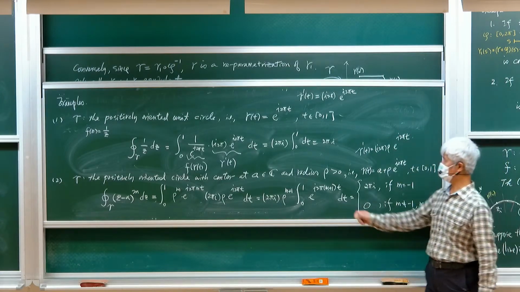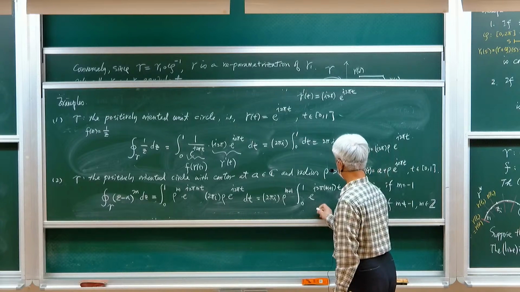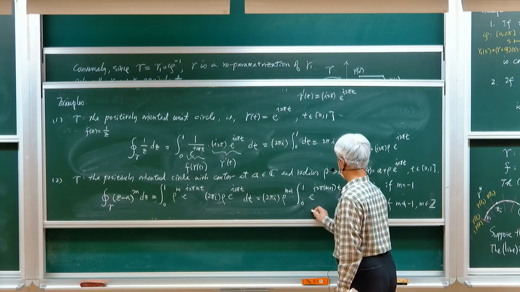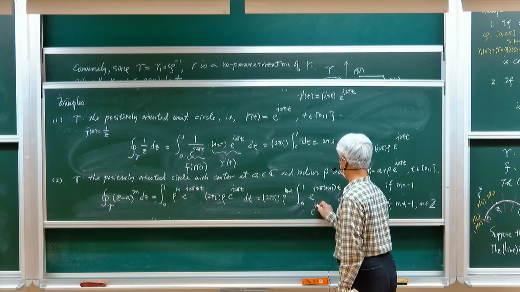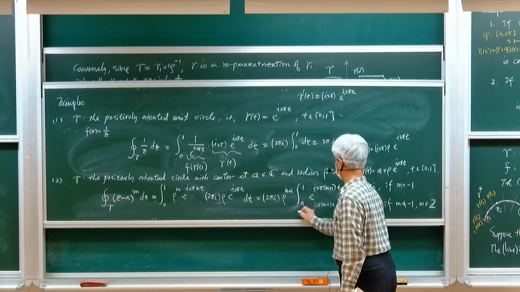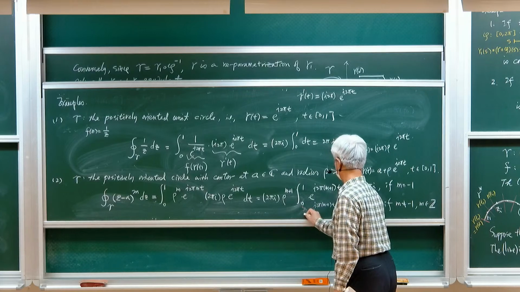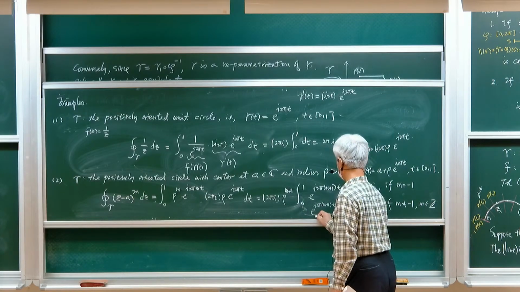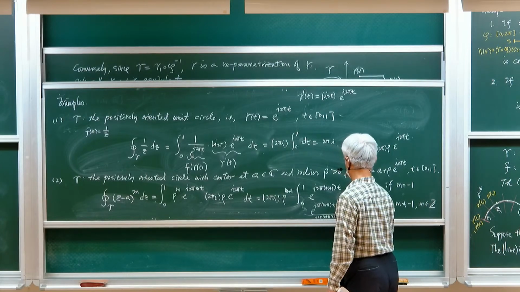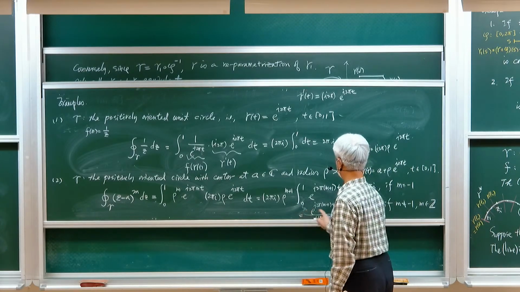It's very easy to see because the antiderivative is e^(i 2 pi (m plus 1) t) divided by i 2 pi (m plus 1), evaluated from 0 to 1.